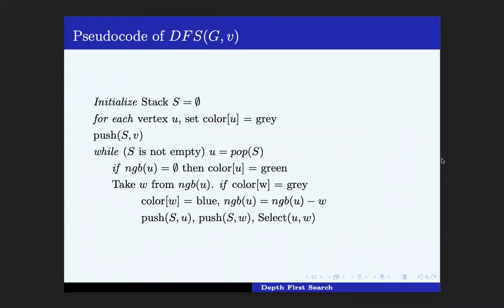Once I have seen C from B, that thing can be looked at most once, because when I have gone from B to C, I have looked at the edge BC from B's side, then C is removed from the neighborhood of B. So that is not traversed again. It might be traversed from C to B, but again that would be traversed only once, because as soon as I traverse from C to B, I will remove B from the neighborhood of C.